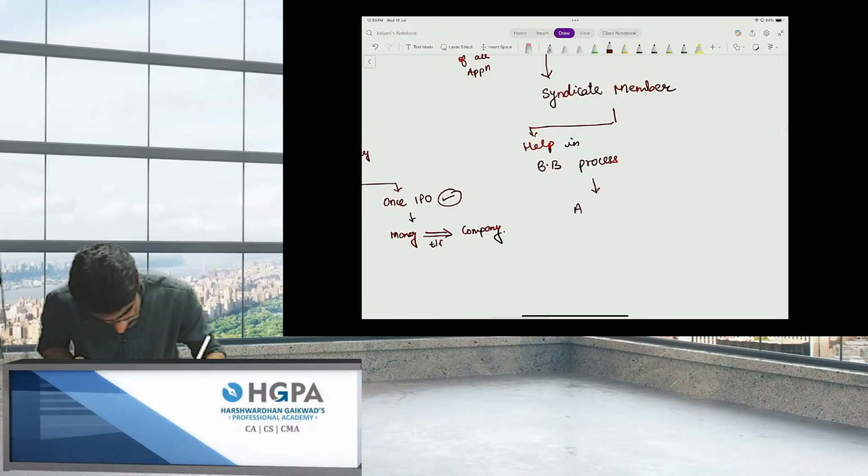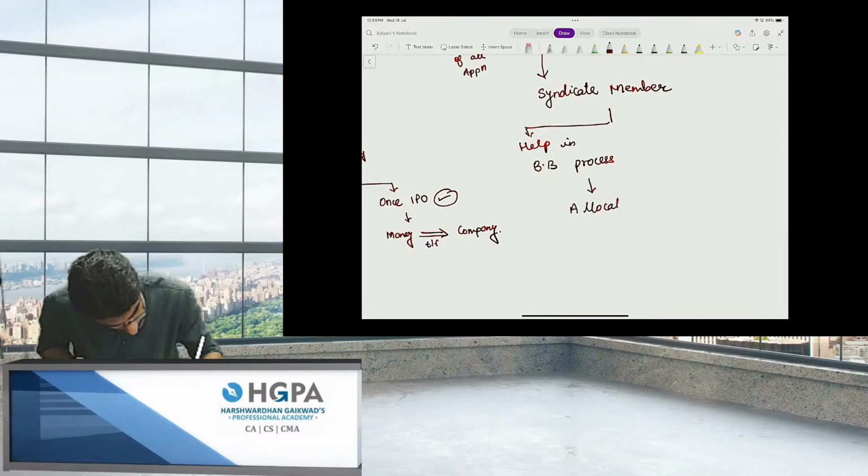They are responsible for allocating all the shares at the maximum price.